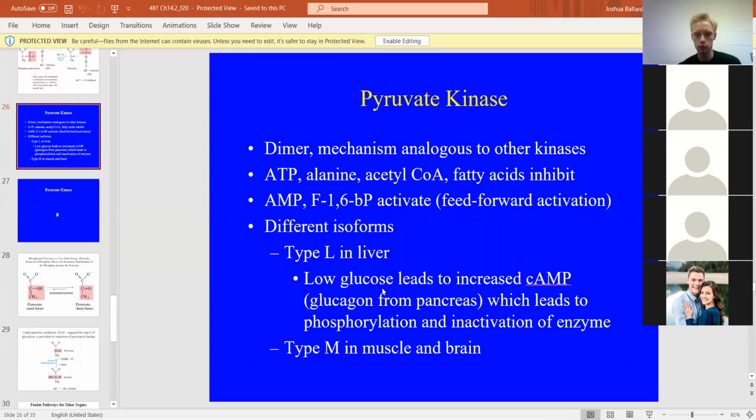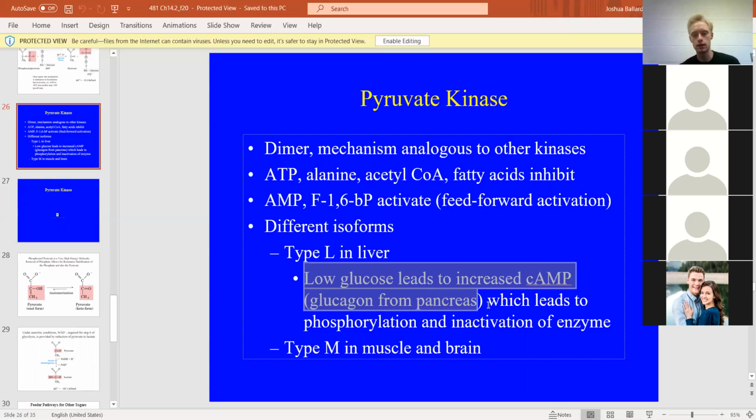We have here, low glucose leads to increased cAMP. I think that stands for cyclic adenosine monophosphate, which then leads to phosphorylation and inactivation of the enzyme. So this is kind of a regulatory mechanism that we have in our bodies.